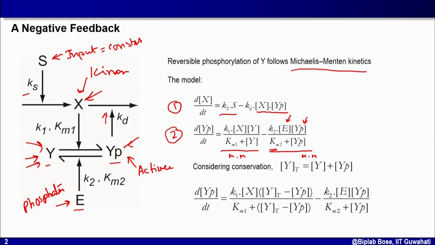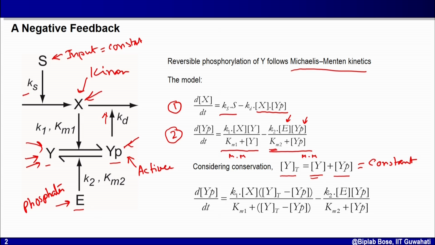Now I am left with the ODE for Y. Now if I consider that total amount of Y, that is Yt, is equal to Y plus YP, and if I consider that to remain constant, then I can replace Y in terms of YP.